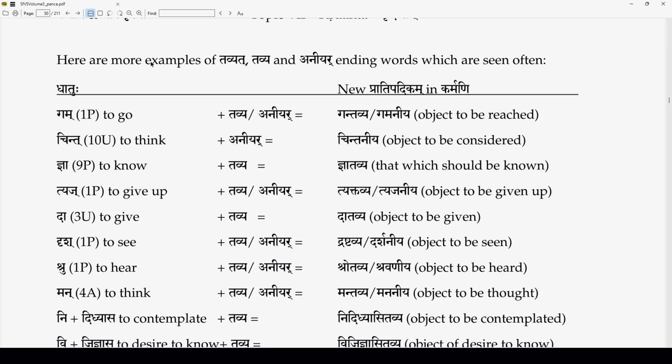Chinta, niya, jnatavya, tyajaniya, tyaktavya, datavya, daniya.